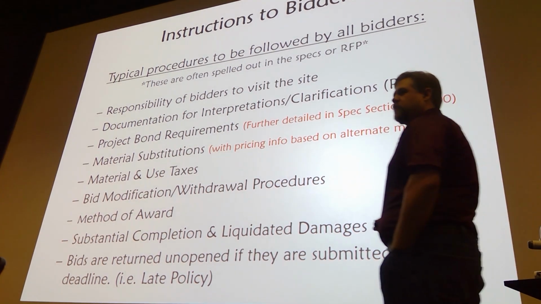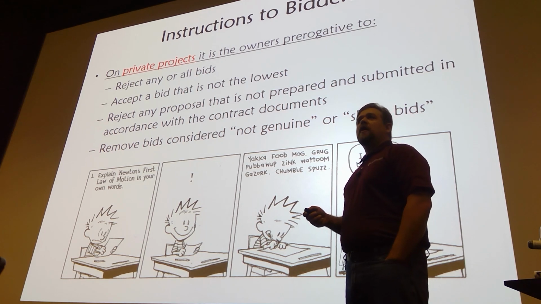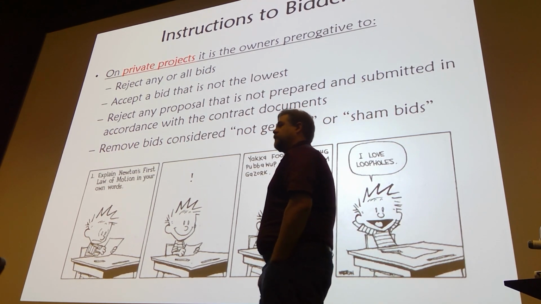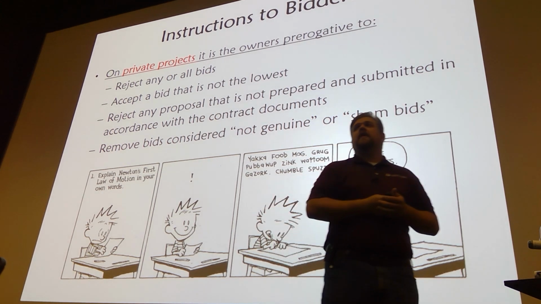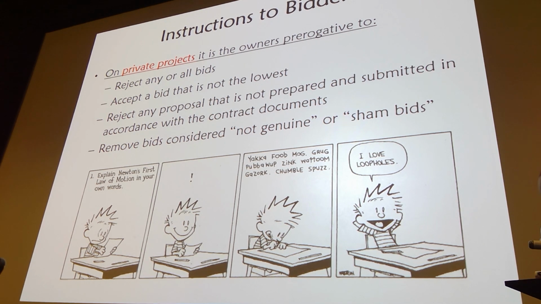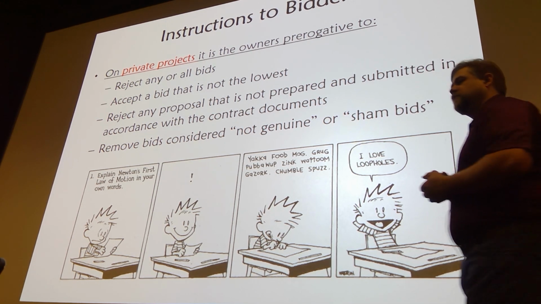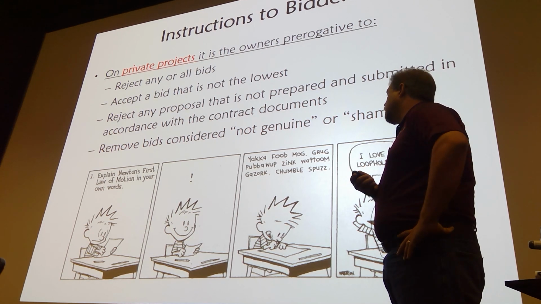Bids will be returned unopened if after the bid deadline. On private projects, the owner has the right to reject any or all bids, or take a bid that's not the low bid, or throw out anything that they don't like about it if it's not in accordance with the project documents.